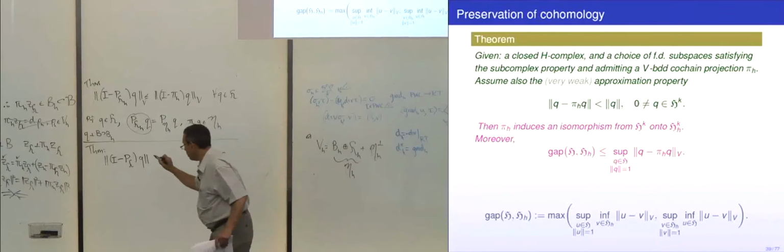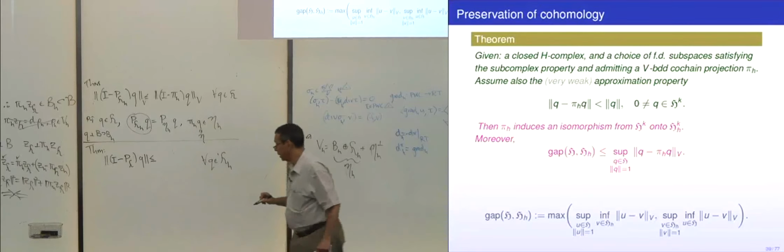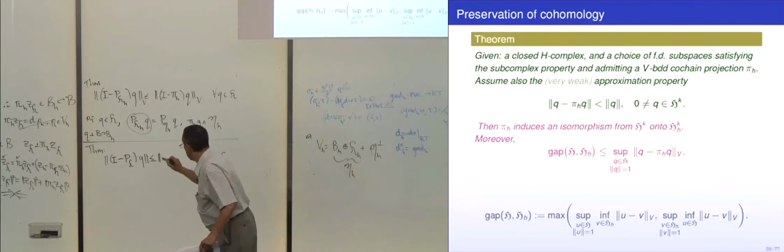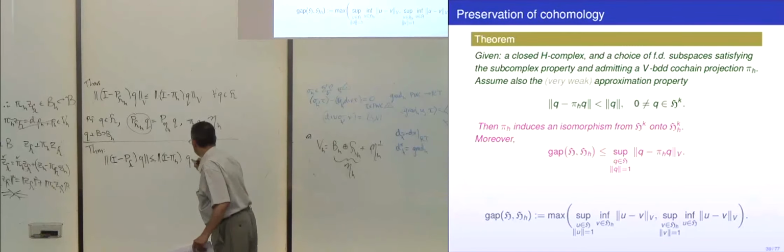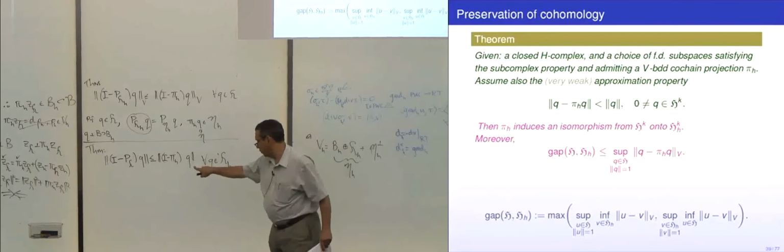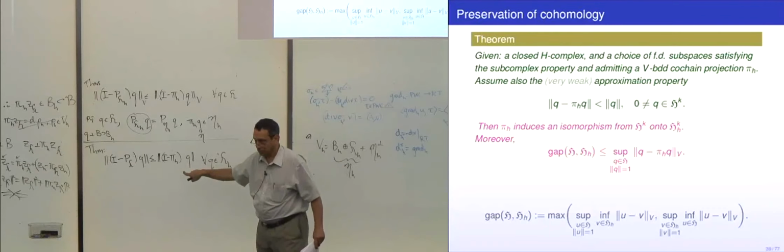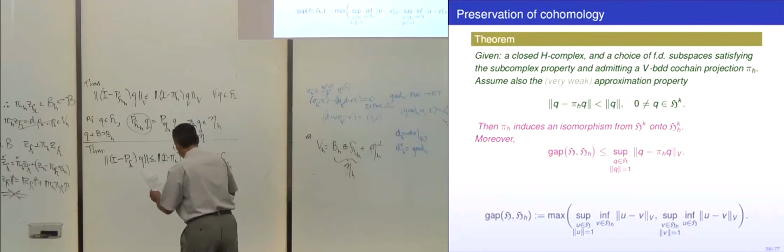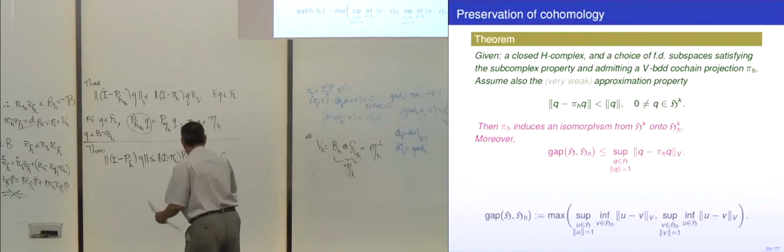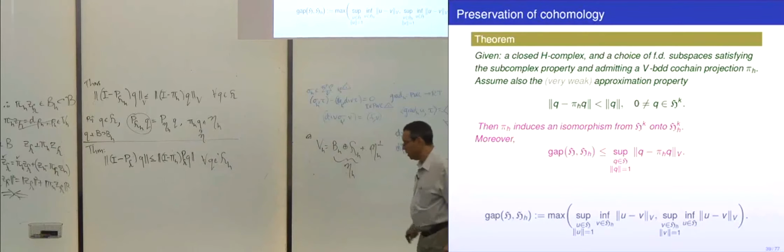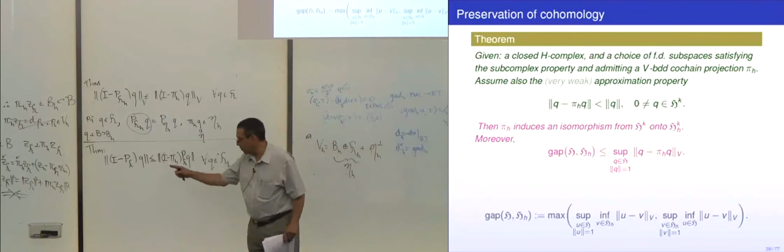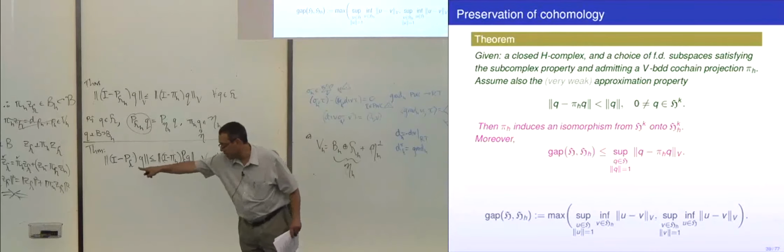But then what do I put on here? I can't just put I minus pi h of Q, because if Q is a discrete harmonic, that means it's in the subspace, so this would be 0. So the thing that you put here is: take the discrete harmonic function Q, project it into the continuous harmonic functions, and the best approximation of that in the subspace, or the pi h of that into the subspace, is the bound for this.